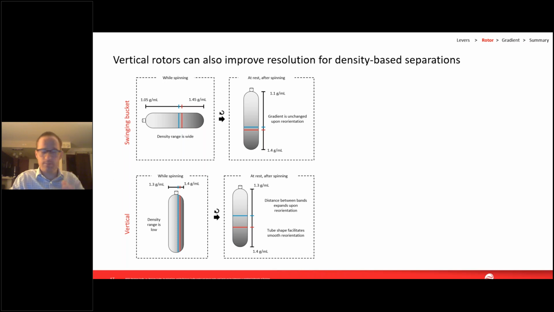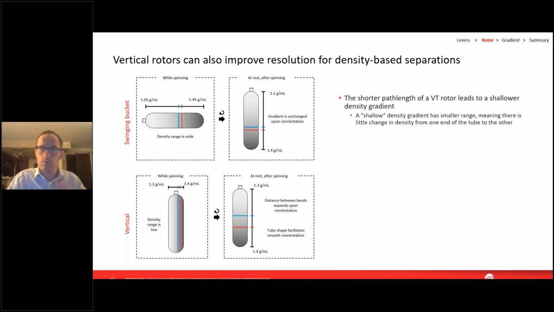Just as an example, the 39 mil tubes that are commonly used for virus purification are 3.5 times longer than they are wide. As a result, the distance of the bands is about 3.5 times greater. There's an expansion of about 3.5 times in a vertical rotor when they're in the centrifuge versus out of the centrifuge. This is just a much better resolution than you can get with a swinging bucket rotor.